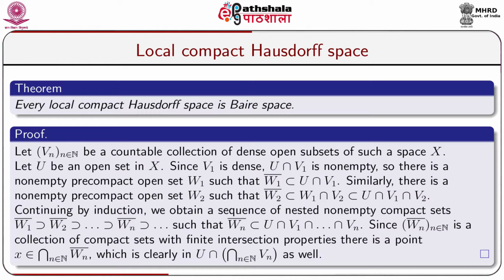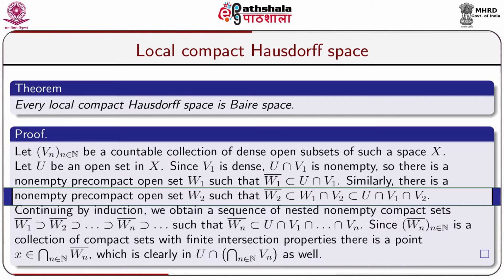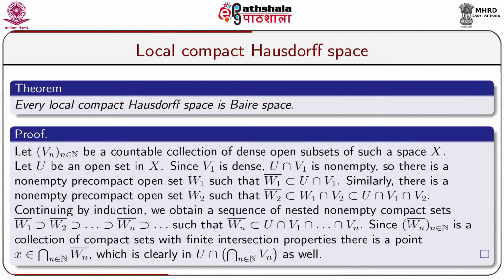Similarly, there exists a non-empty precompact open set W2 such that closure of W2 is contained in W1 intersection W2, which further is contained in U intersection V1 intersection V2.